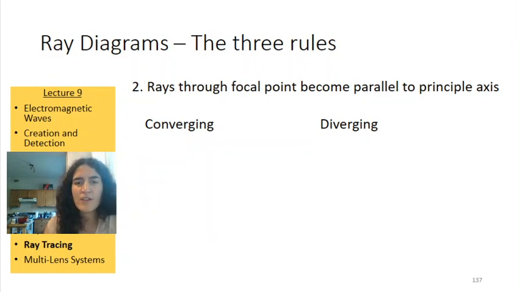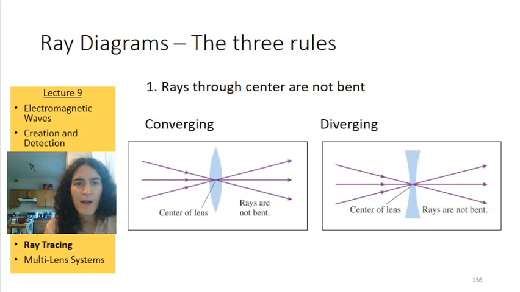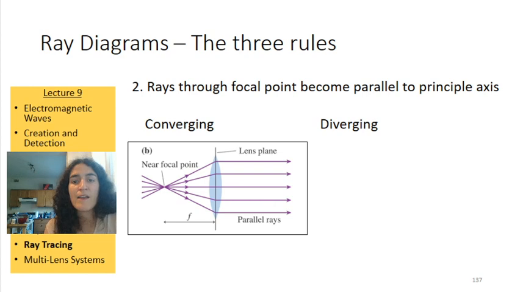I should have mentioned, we're still expecting light to bend every time it goes from one medium to another. But in this case it would bend and then bend back, so the ultimate result of going through the center of the lens is that the light beams are not bent. Likewise here, we would expect light to bend on both the front and the back of the lens.